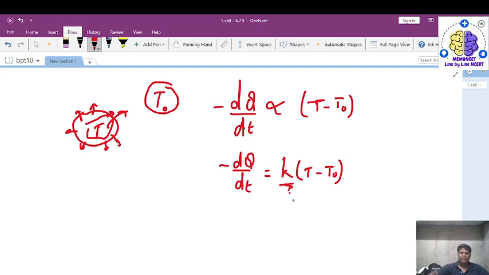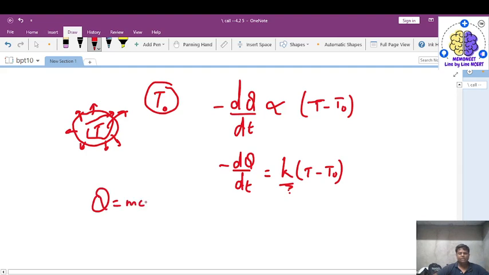Now we studied in calorimetry that q equals mc delta T. So we can write dq equals mc dt.